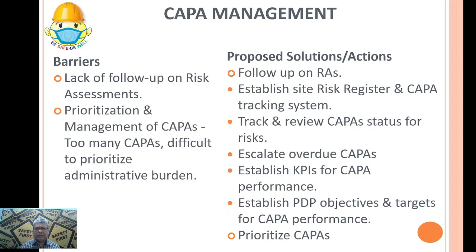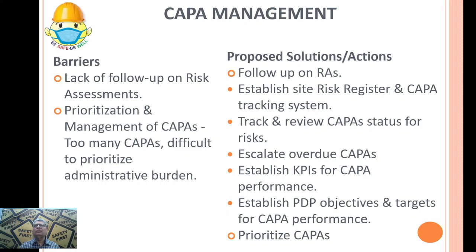Next, establish KPI, means key performance index for CAPA. How you can establish a KPI? That means say there are 100 CAPA. So you are tracking the system today and there are 100 CAPA, and out of the 100 CAPA there are say 25 overdue CAPAs. Okay, so you can have a ratio 25 upon 100.